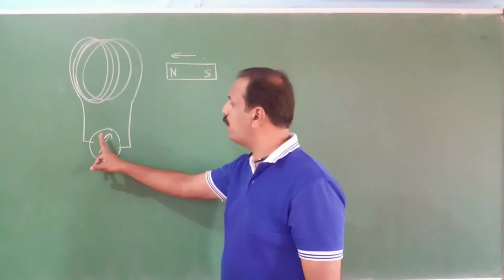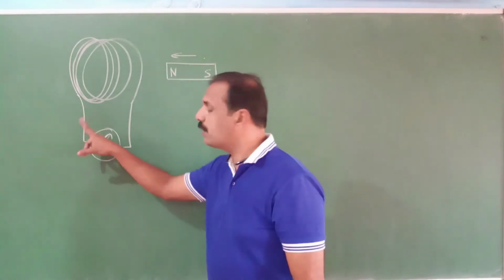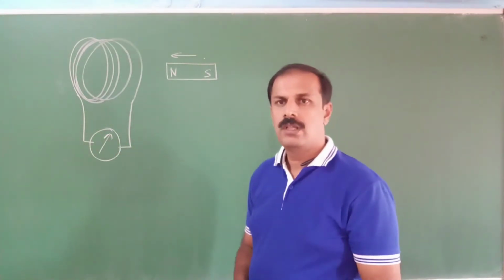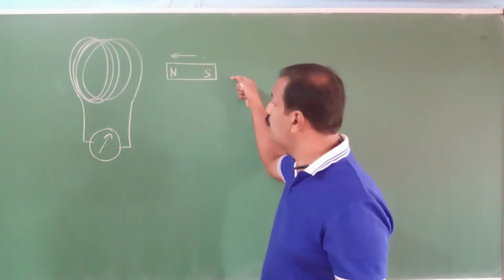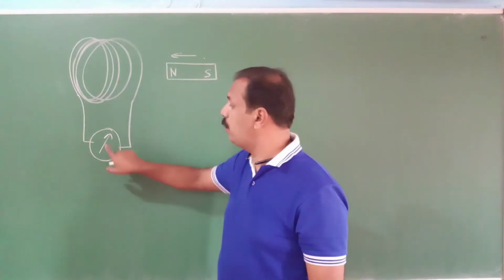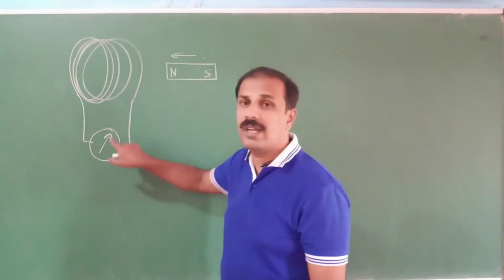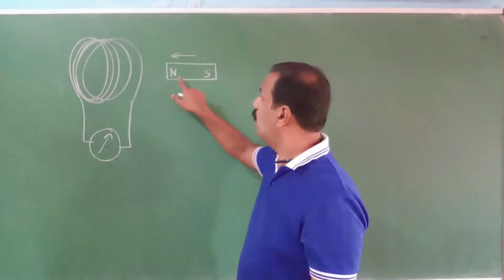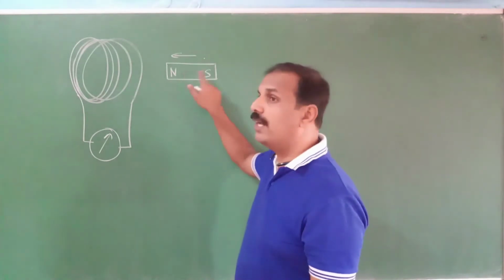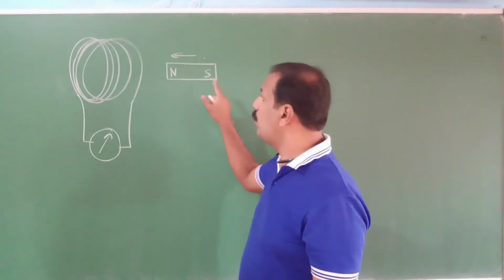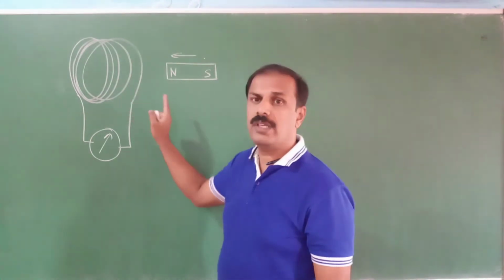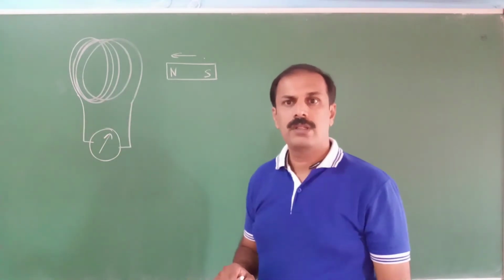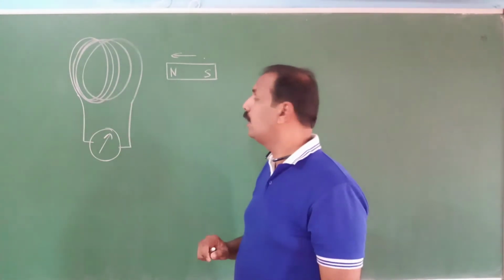Instead of showing a deflection towards this side, it will show the deflection towards that side. So the first point is, if you move a magnet near a coil, it will produce a deflection, or a current. Now, if you change the direction of the magnetic field, the direction of the current also will change. That's what we discussed in 10th standard.